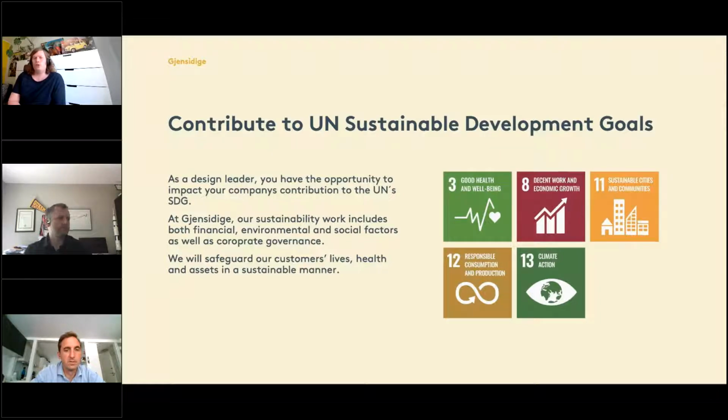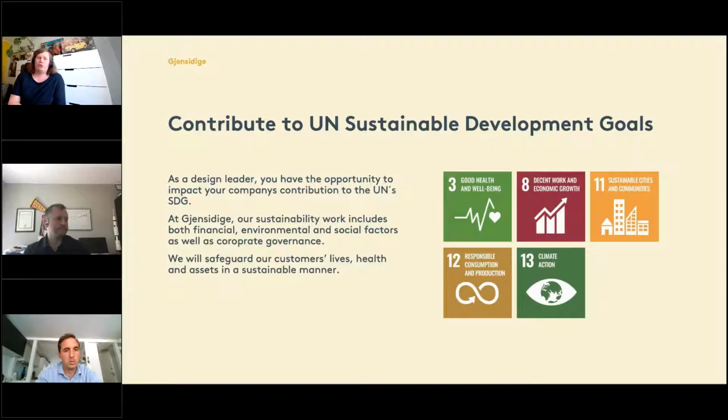My point is that as a design leader, you should help your organization contribute to those goals. As a group, we have decided that five of these goals are our focus areas, but of course we support all of them.